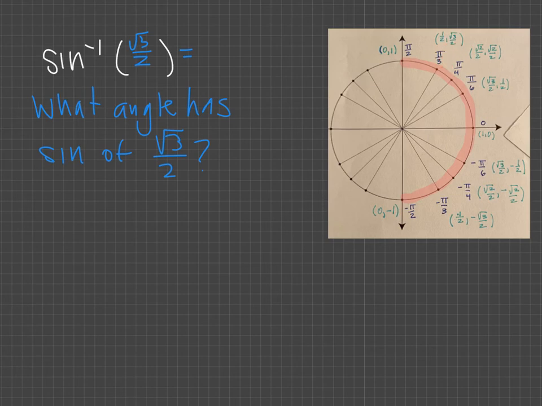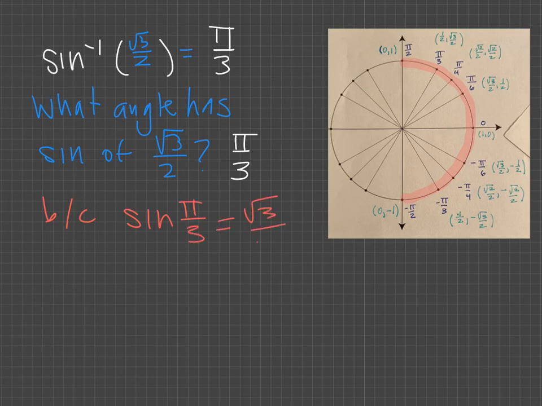So the angle that we're looking for is pi over 3. So sine inverse of square root 3 over 2 is pi over 3, because the sine of pi over 3 is equal to square root 3 over 2.